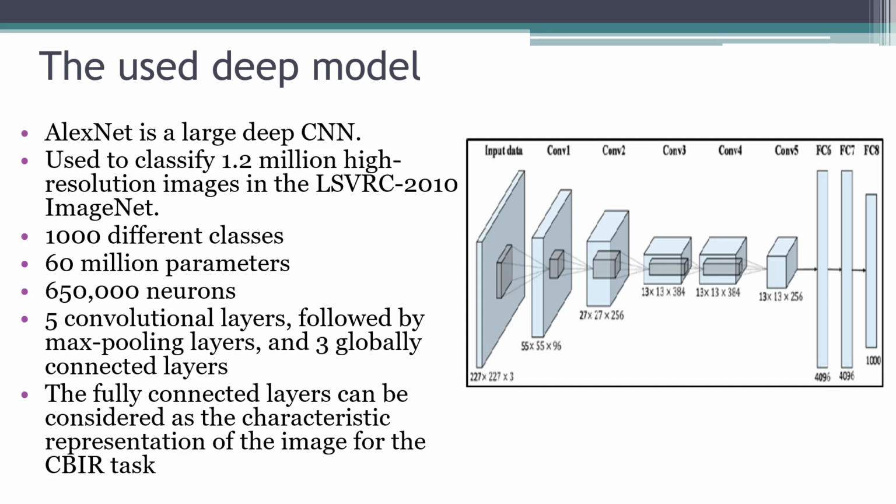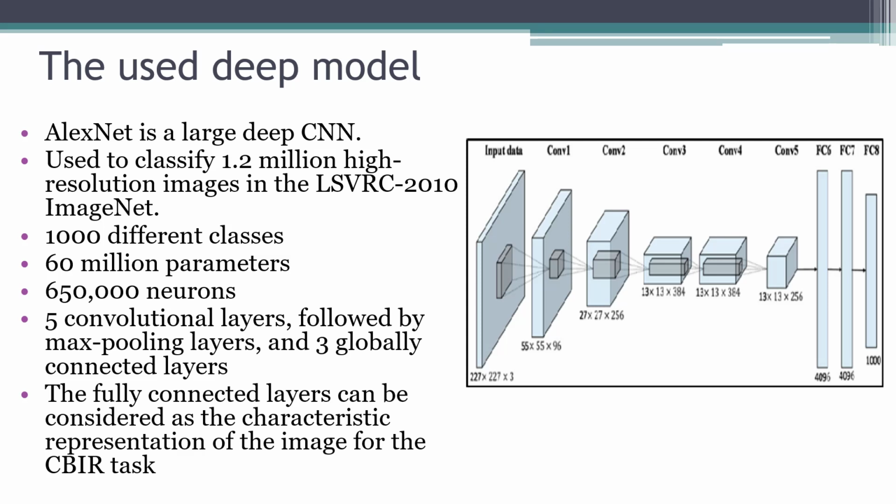The fully connected layers can be considered as the characteristic representation of the image for the CBIR task. In this figure, FC6 is the first fully connected layer of AlexNet, the first one that follows the alternating of the convolutional and pooling layers.